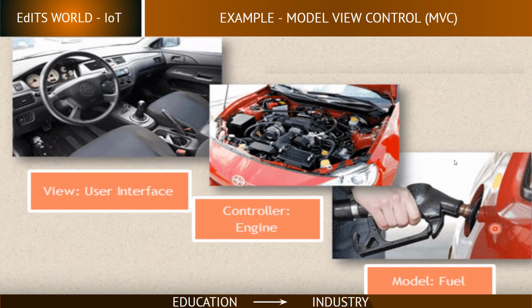You have all these things in the front: steering, gear, speedometer, music system, whatever user interface you see here in an attractive way is a view. The car engine, which is controlling your car, is the controller. The fuel in the car is the model. In this way, you can also try to understand the MVC in your daily life.